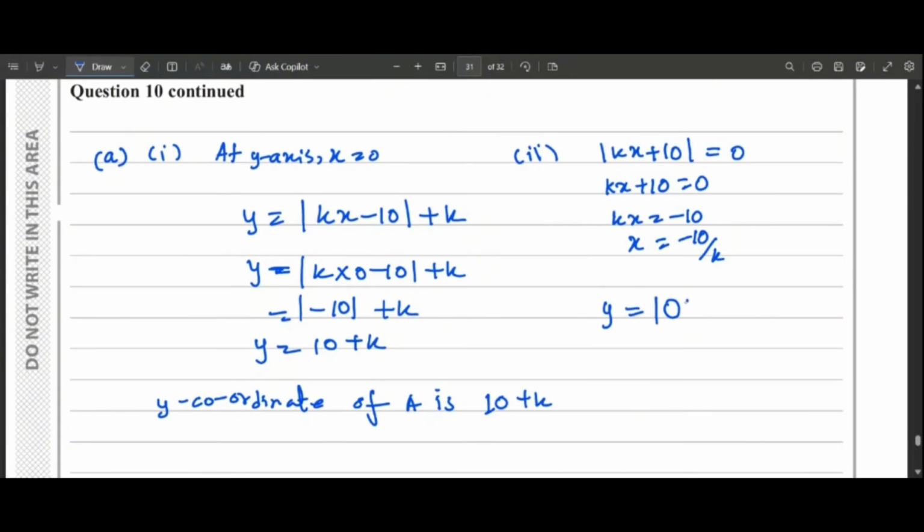So 0 plus k, which is equal to k. So y equals k. So at our vertex P, y equals k and x equals minus 10 by k. So minus 10 by k and k are the coordinates of the vertex. This is our answer for part A.